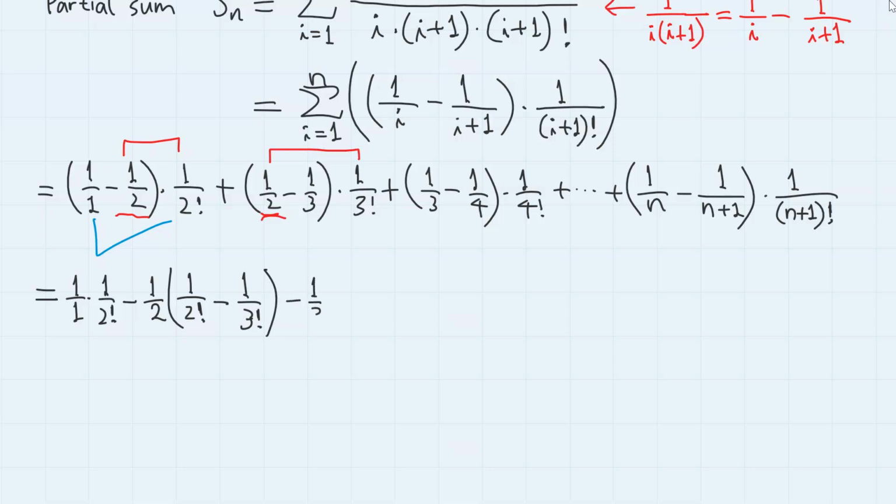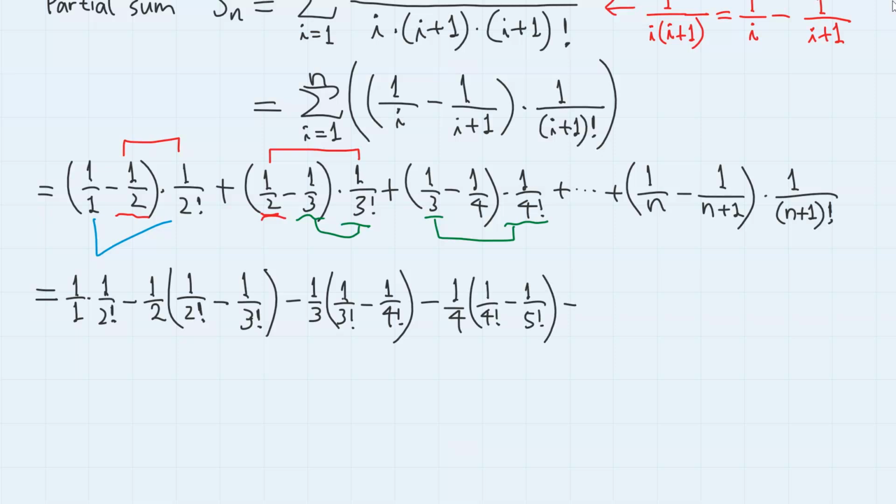Similarly, if we collect terms containing 1 over 3, we have minus 1 over 3 times 1 over 3 factorial here, and plus 1 over 3 times 1 over 4 factorial here. So, 1 over 3 times 1 over 3 factorial minus 1 over 4 factorial. And of course, the next term will be 1 over 4 times 1 over 4 factorial minus 1 over 5 factorial, and so on. And in the end part, we have 1 over n times 1 over n factorial minus 1 over n plus 1 factorial.